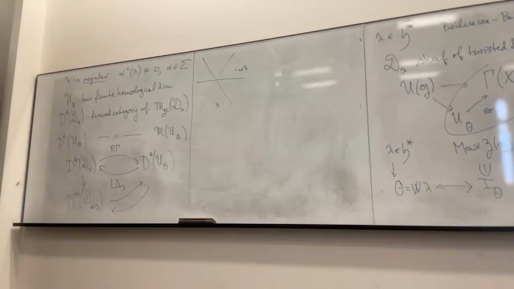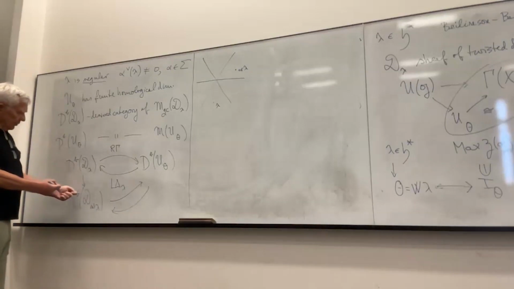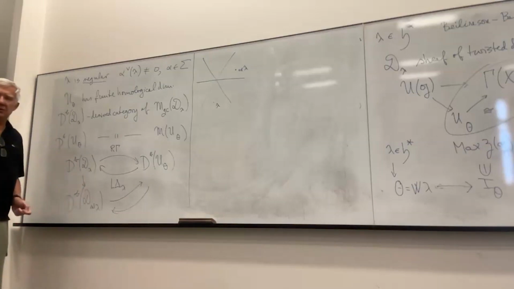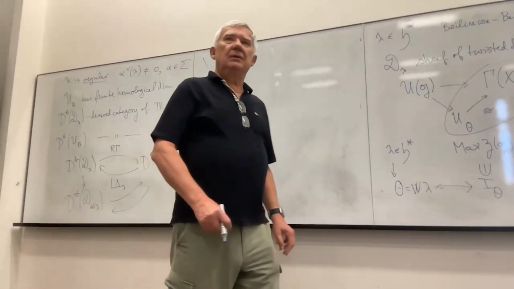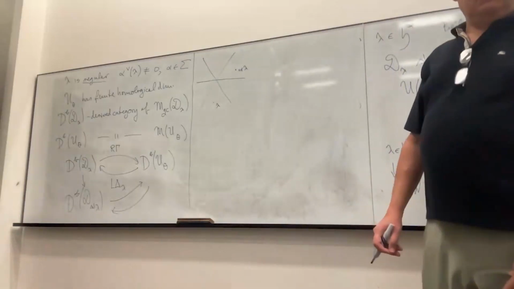One of the strategies of proving theorems is to use intertwining functors to reduce the question to some simpler D-module situation. But Dragan, this is for these practicals. Yes, yes.